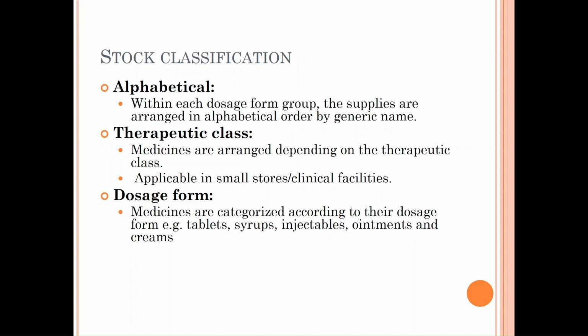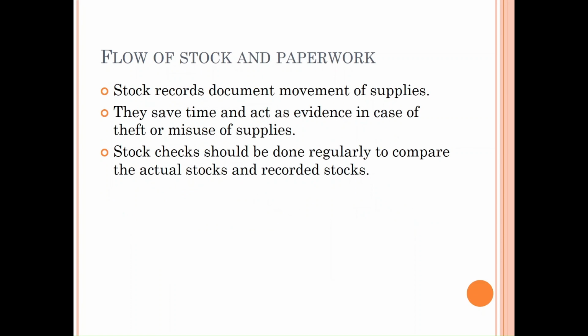So that is for the liquid dosage form. For the semi-solid dosage form, we have ointments, creams, lotions, and then solid as well, we may have powders. So we have tablets, syrups, injectables, ointments, and creams. So you can arrange your stock like that.